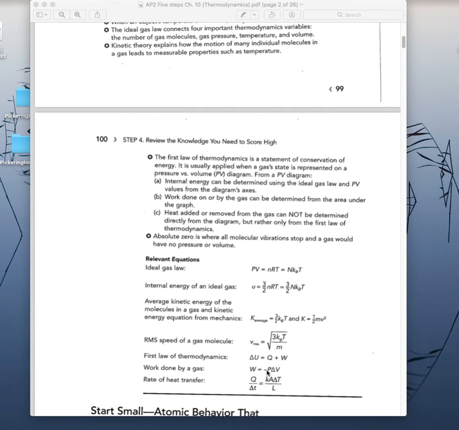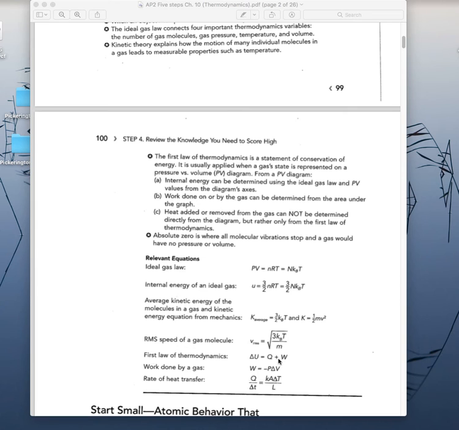The thing you have to be careful of here, work is easier to think about, I think, in that if a system is expanding, like a balloon that's getting larger and larger, that means it's pushing out on the world around it, which means it's losing joules of energy. So when a system's expanding, work is always negative. When a system is contracting, work is always positive because the system is being compressed by the outside world. That takes a force applied inward, so energy is being transferred due to the work, force times distance, acting inward.